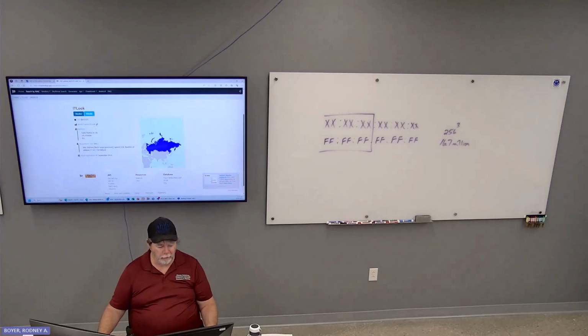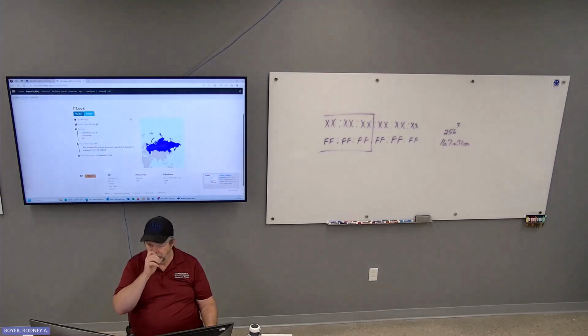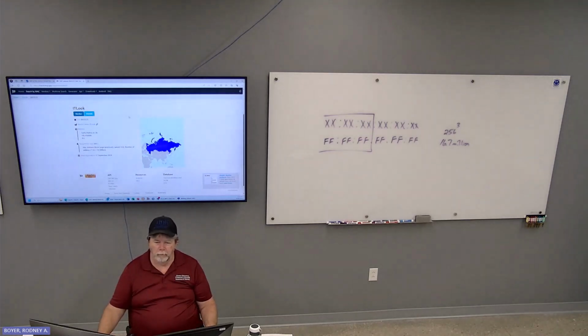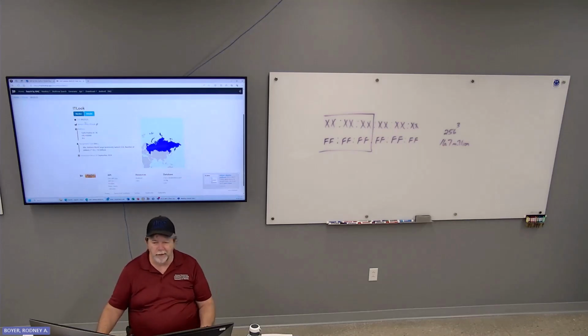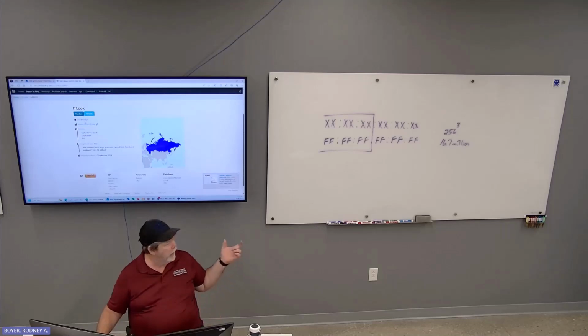Anything manufactured by this company, IT Look, the OUI on the MAC, the first three octets, are going to be B4E025. And there's 16.7 million different combinations of device address that you can have under that one specific OUI.